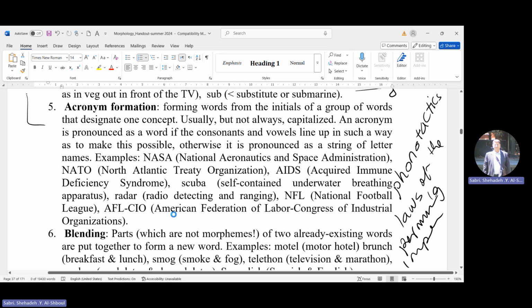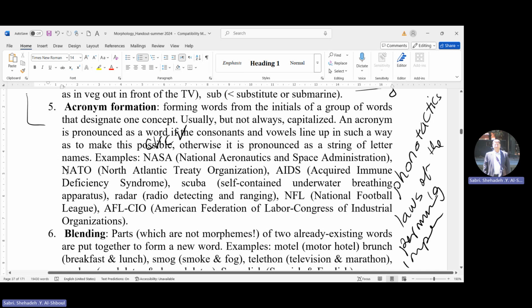So, for example, National Aeronautics and Space Administration bears the acronym NASA. English allows for the CVCV articulation, so we produce it as a word. The same applies to NATO, North Atlantic Treaty Organization.